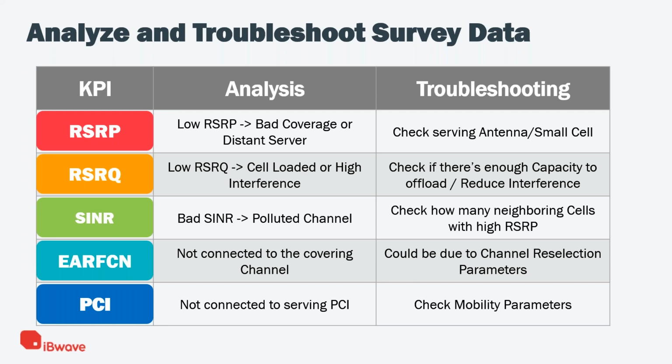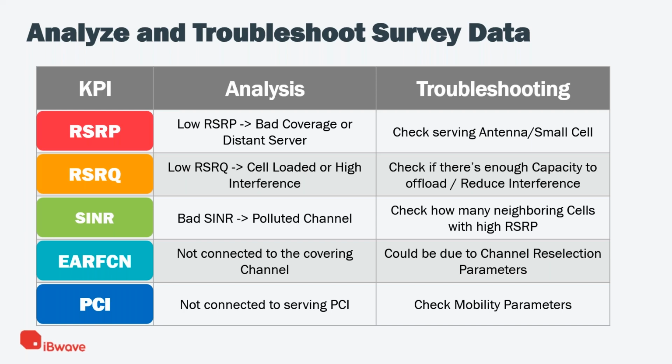In this case, you need to check your channel reselection parameters. If everything is good, I have good coverage, good RSRQ, good signal, it's just that when I'm in the area where this channel is supposed to be covering, I can't connect to it, then maybe it's your channel reselection, meaning how the eNodeB or the small cell is instructing the device to change channel based on priority. So this channel is number 1, this channel is number 2, this channel is number 3.